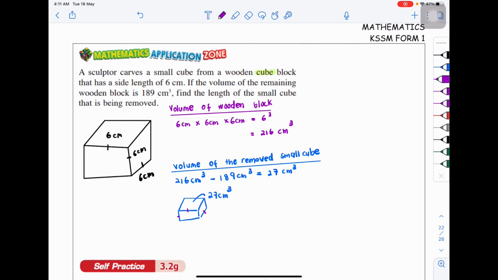We take the cube root of 27. So, taking the cube root of 27, we have 3 centimeter each. So, this is the answer.